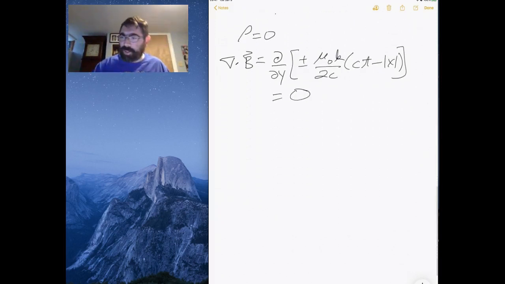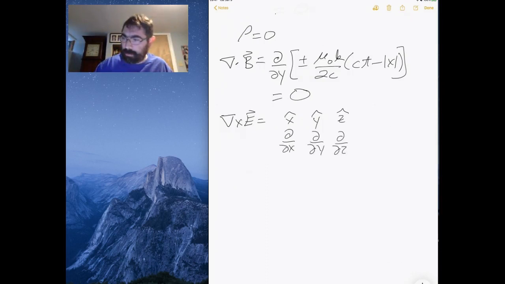If I now look at the curls, the curl of E would be 0.